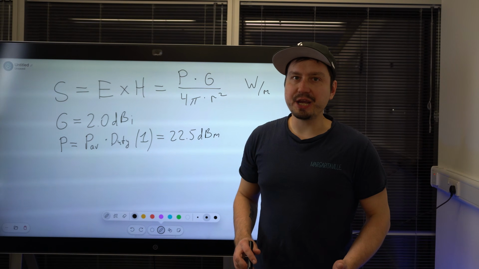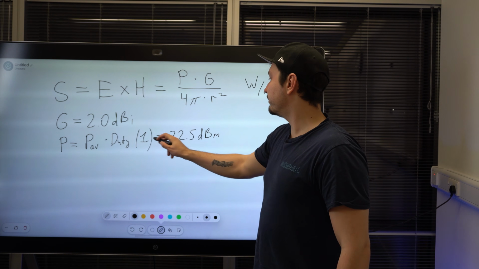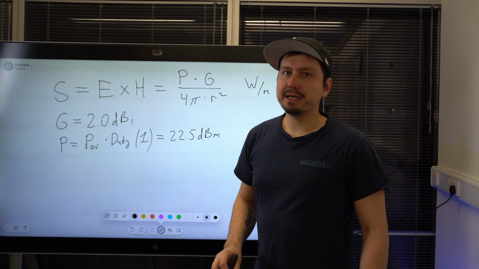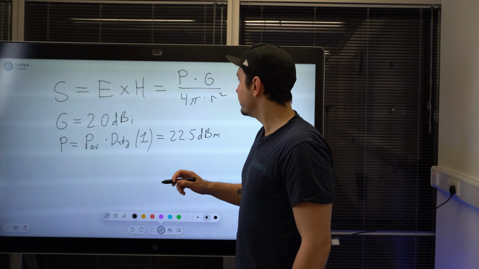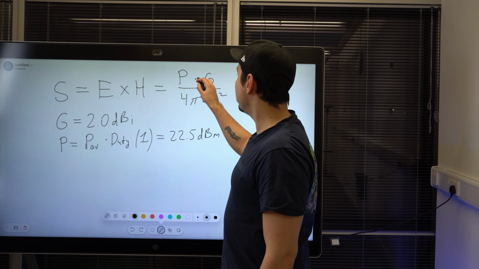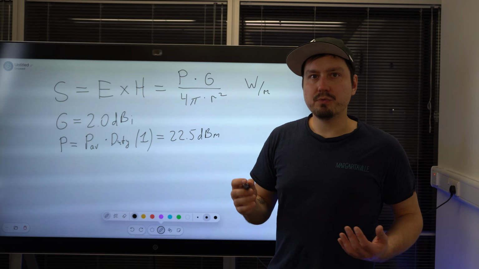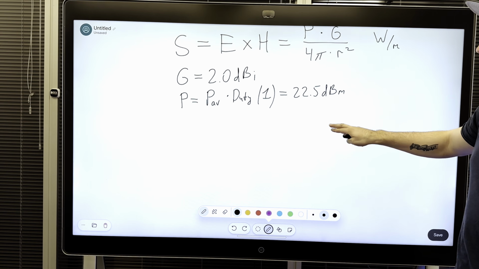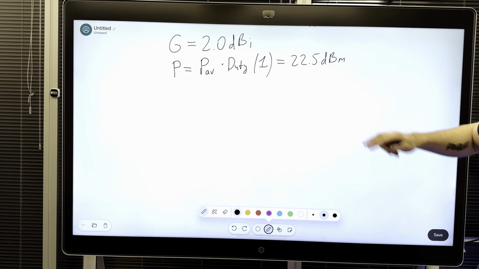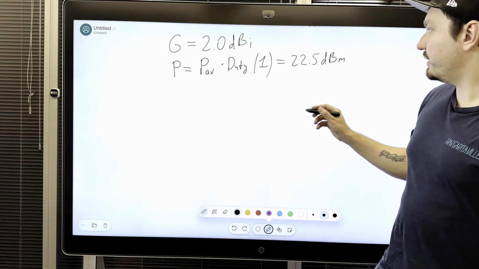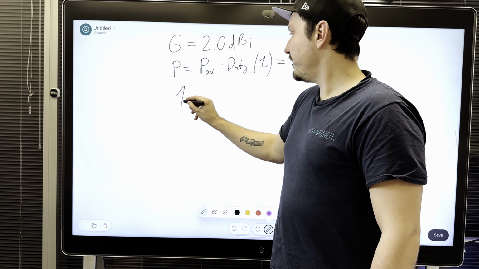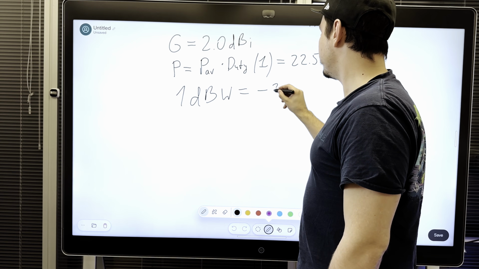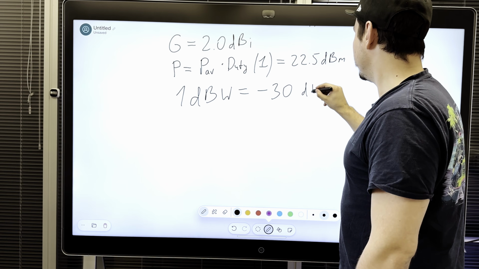But here comes the tricky part. We have power expressed in dBm, but our gain is expressed in dBi, and according to the formula we need to multiply them. So how are we going to do that? First of all, we need to convert dBm into dBW, and 1 dBW is equal to 30 dBm.